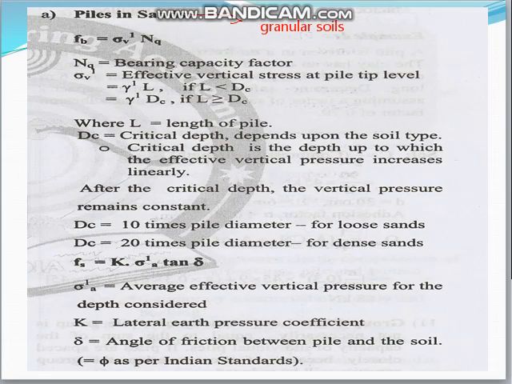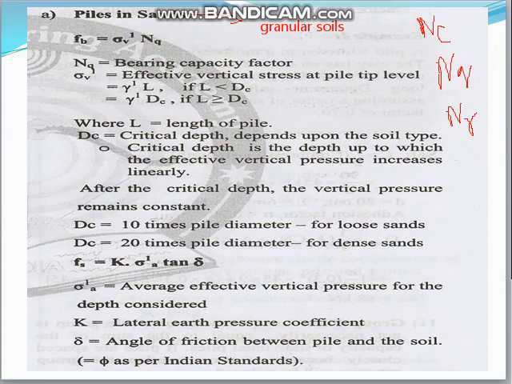Generally there are three bearing capacity factors, given by Terzaghi's, Meyerhof's and Hansen's curves. That are Nc, Nq and N gamma.